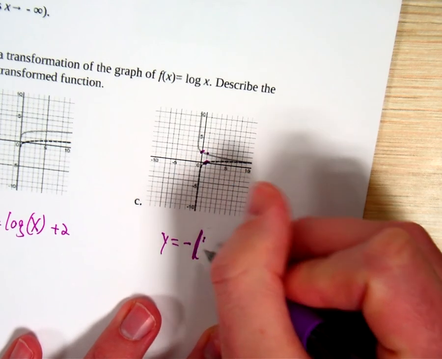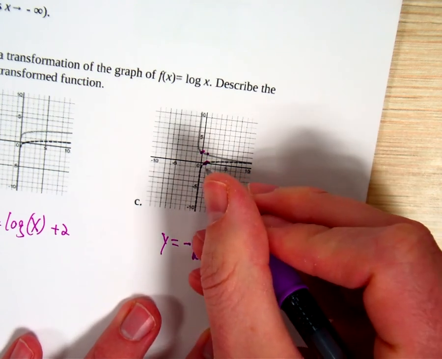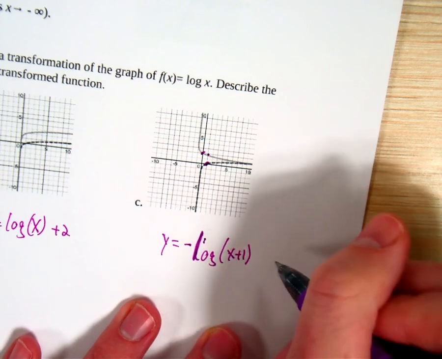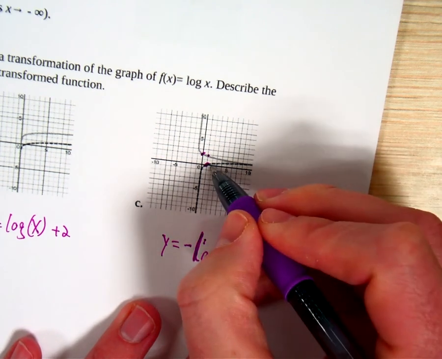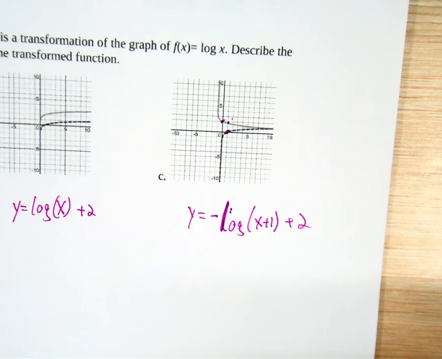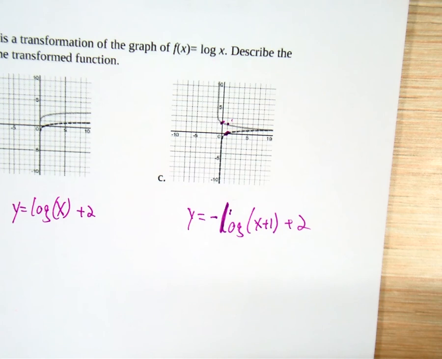Negative, well, we don't even need parentheses around it, just negative log. We said 1 left, so backwards, so that's going to be x plus 1. And then we're still, did we say 2 up? 1, 2 up. So this can be kind of tough to tell because the curves don't hit very many nice points, so it's kind of tough to find one and track it. But do the best you can with looking at the graph and then coming up with the equation.